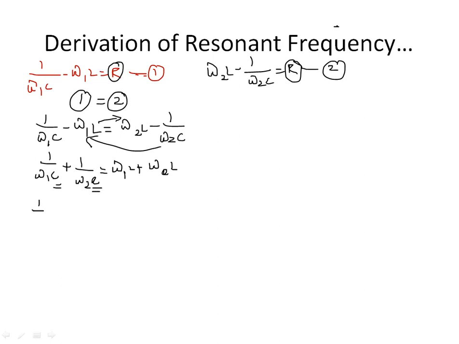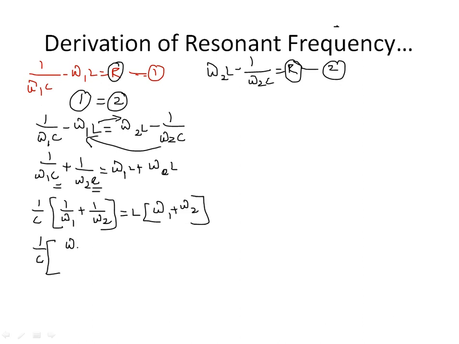So 1 by C into 1 by omega 1 plus 1 by omega 2 is equal to L into omega 1 plus omega 2, that is 1 by C into, taking the LCM, omega 1 plus omega 2 over omega 1 into omega 2, should be equal to L into omega 1 plus omega 2.